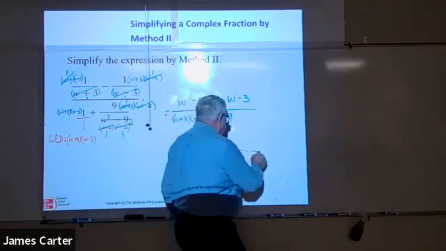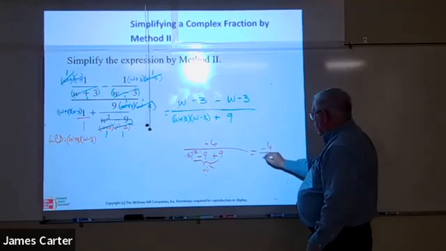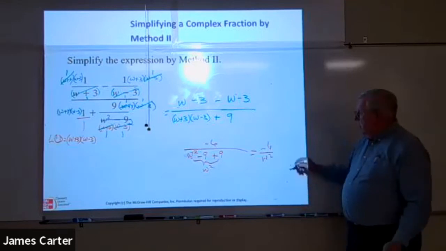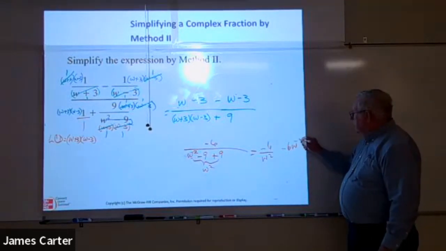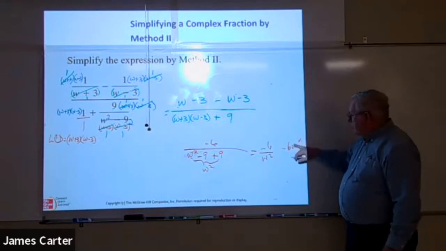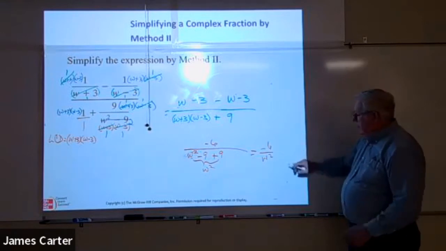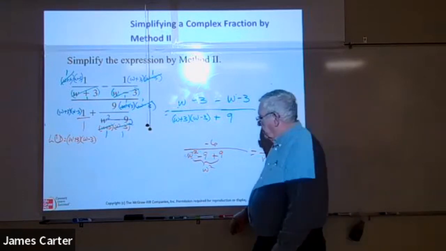So then my answer on this one is simply minus 6 over W squared. Now, technically, you call this minus 6W to the minus 2 power, but the standard is to have positive exponents, so we don't do that. But conceivably, you should.